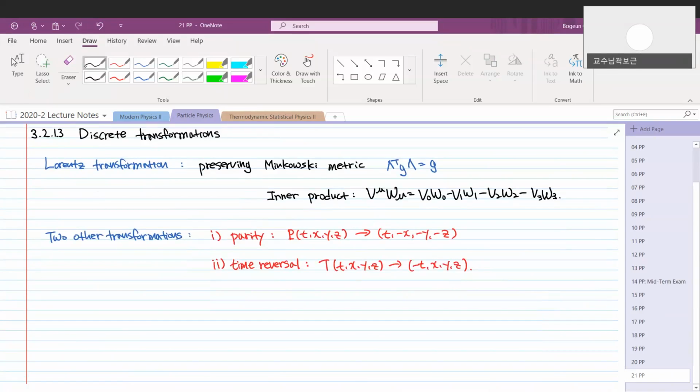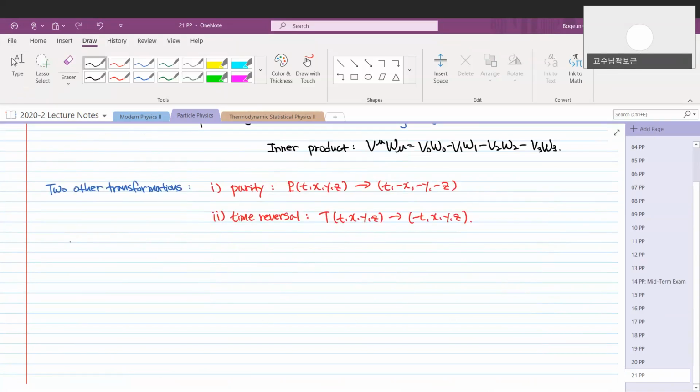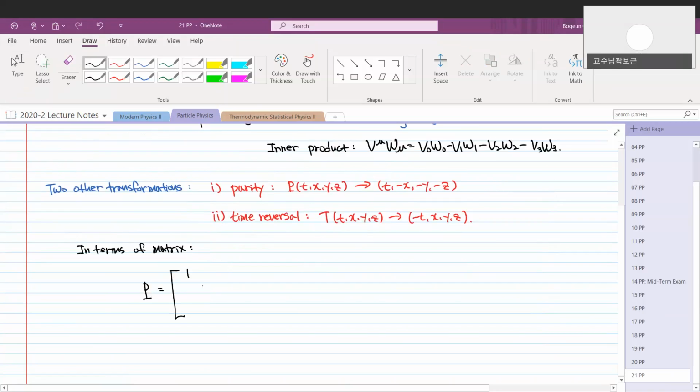In terms of the form of the matrix, this is the parity transformation.